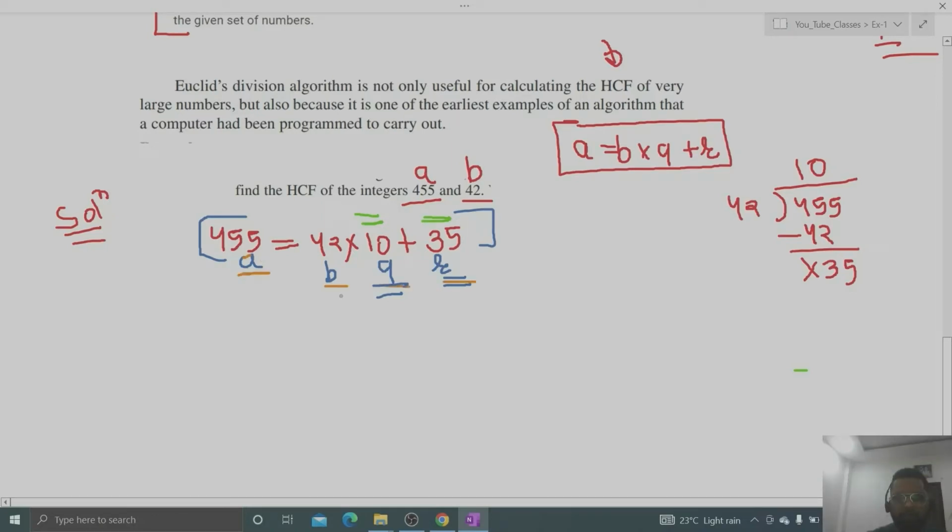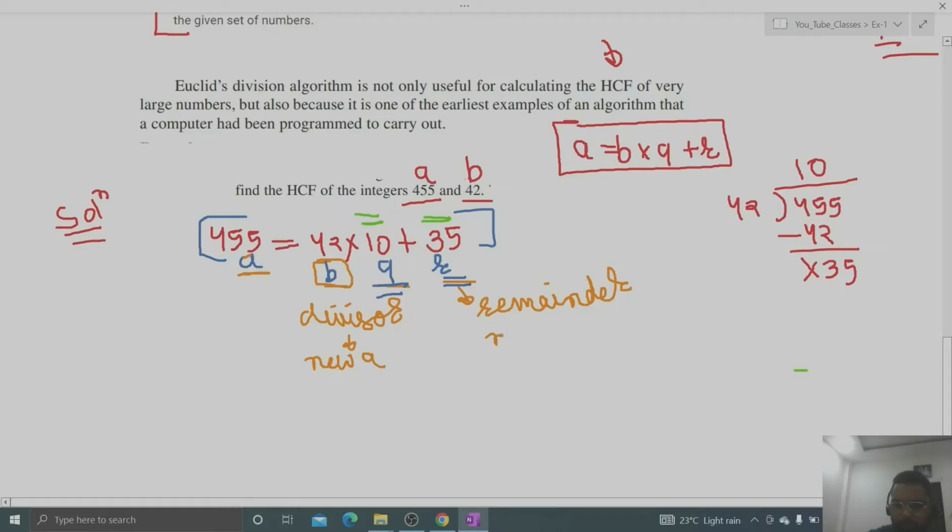So what I have to do is look at this divisor and the remainder. We have to do something with this divisor and the remainder. This divisor and remainder will become our new a and new b.